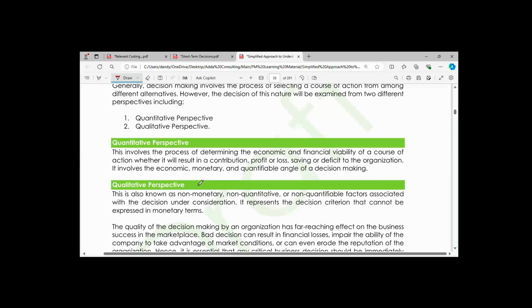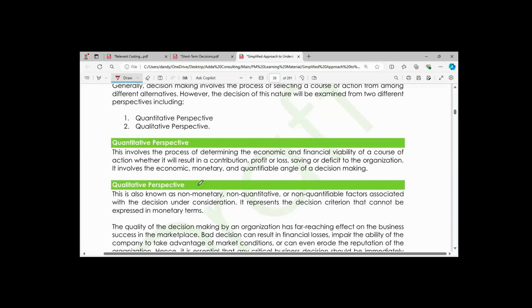This is because if a wrong decision is made, you may be held liable for that, and it may have dire consequences. As a result, always allow other decision makers to make the final decision, because the quality of decision making by an organization will have far-reaching effects on business success in the marketplace.